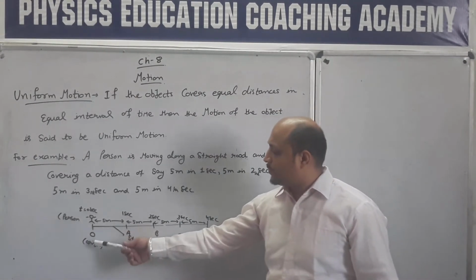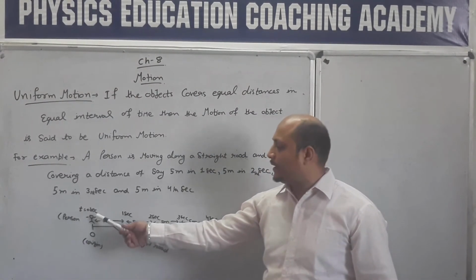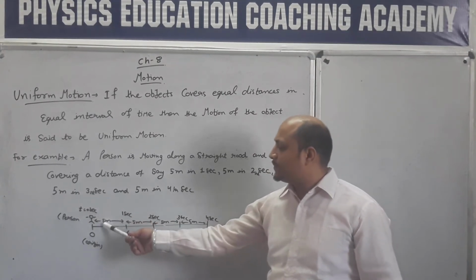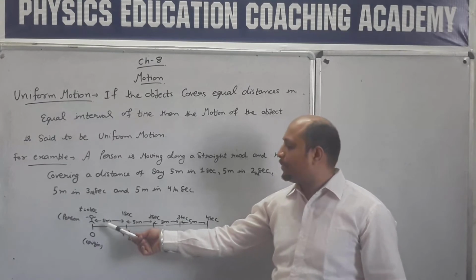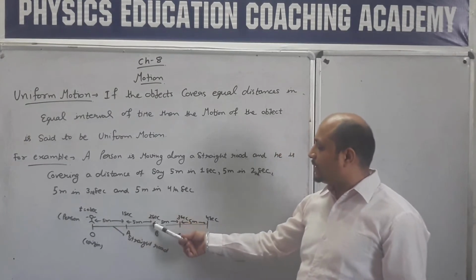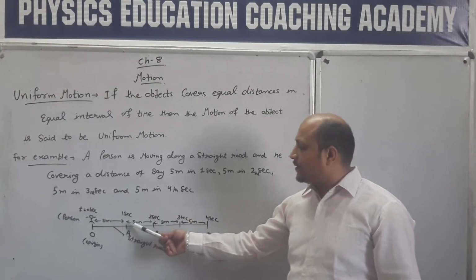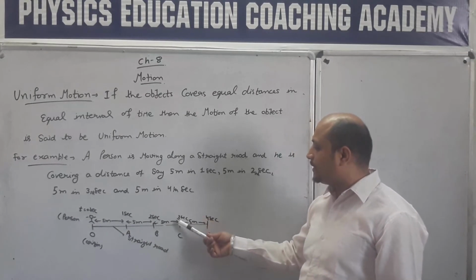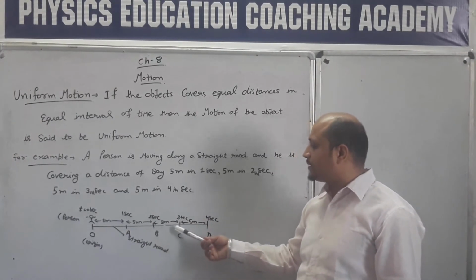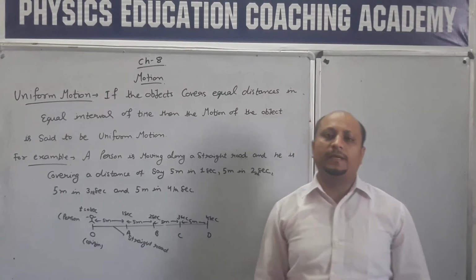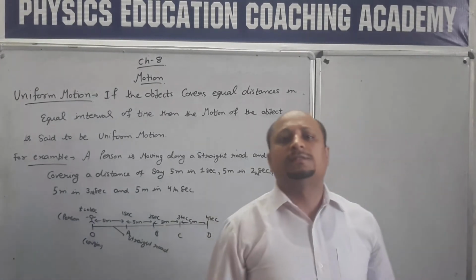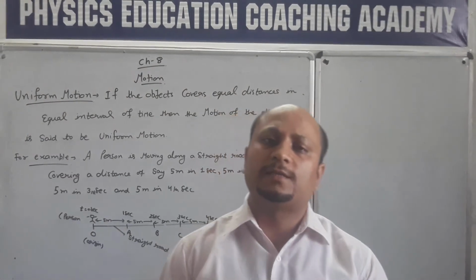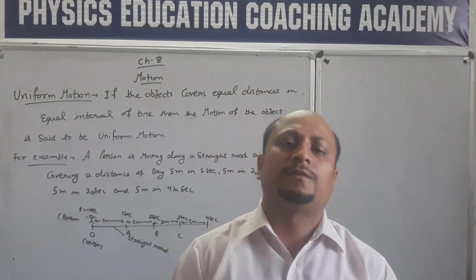जो पर्सन इस ओरिजिन पॉइंट पे था एट टाइम t इज इक्वल टू 0 सेकंड पे, 1 सेकंड के बाद 5 मीटर का उसने डिस्टेंस ट्रेवल किया. Then again after 1 second, he is again covering a distance of say 5 meter. And after 1 second, he is again covering a distance of say 5 meter. It means in every same interval of time, say 1 second, the person is covering the same distance, say 5 meter.